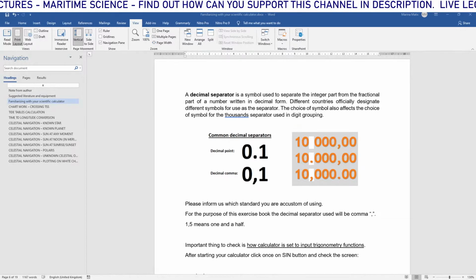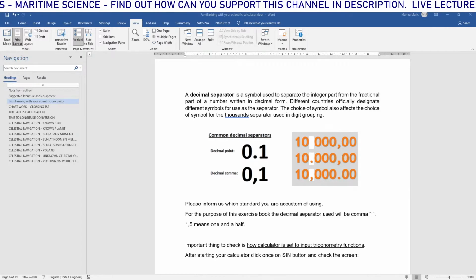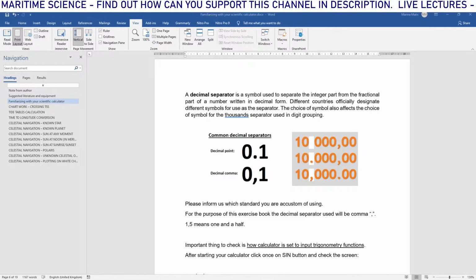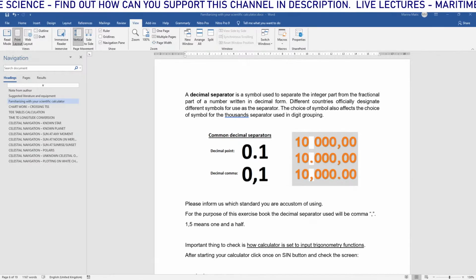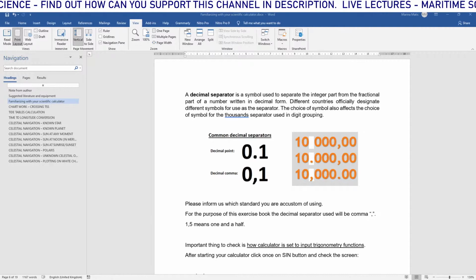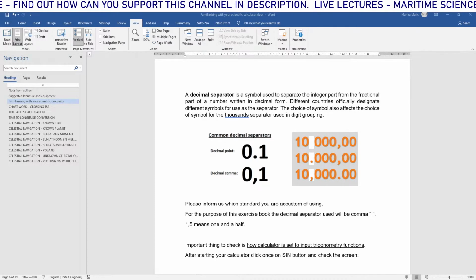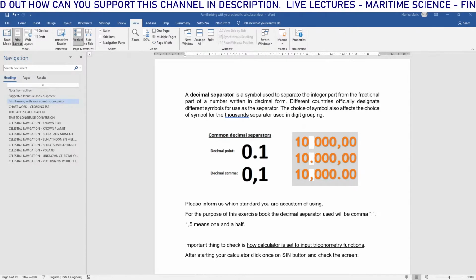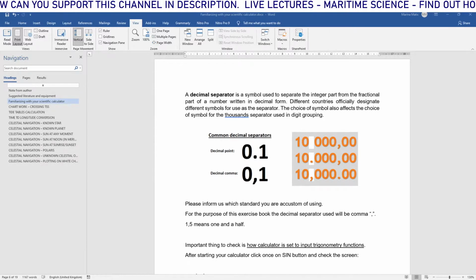When I'm working in Excel, that is much easier because I make the calculations the way they are, and then if I want to change from point to comma, I just change the setting in Excel, so it automatically identifies a number that is 1.2 as 1,2 once I switch from UK to Croatia or German standard. But for the purpose of this video, I'm going to work in the Word file.